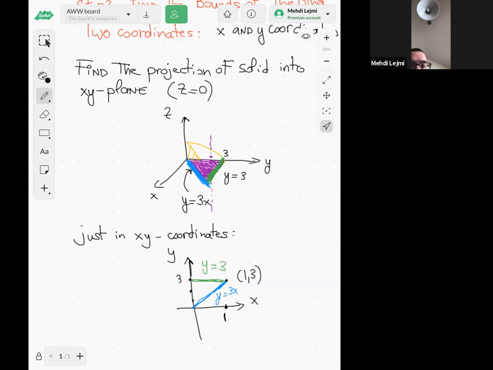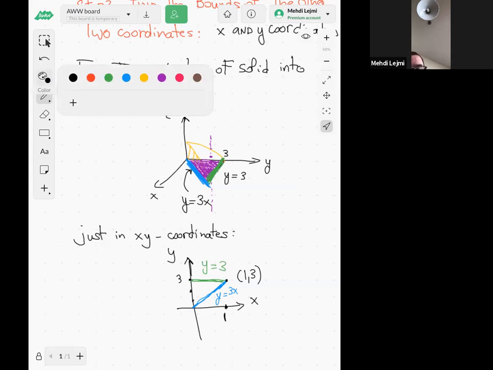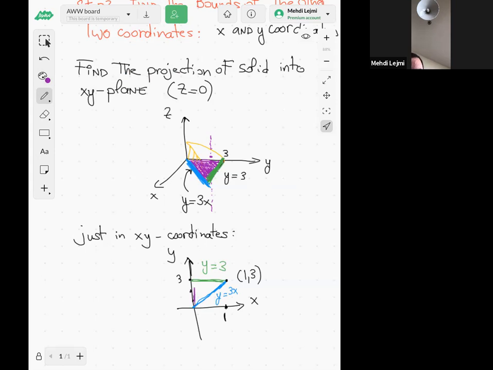Okay, so the projection of the solid into the XY plane would be this region here, this triangle, right? And that's exactly the face in the bottom here. Now all I have to do is describe this triangle using the XY coordinates.